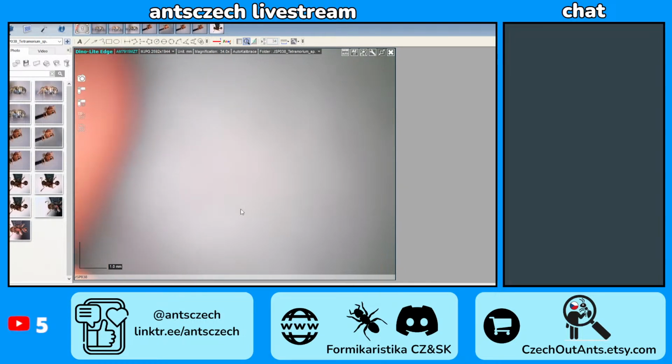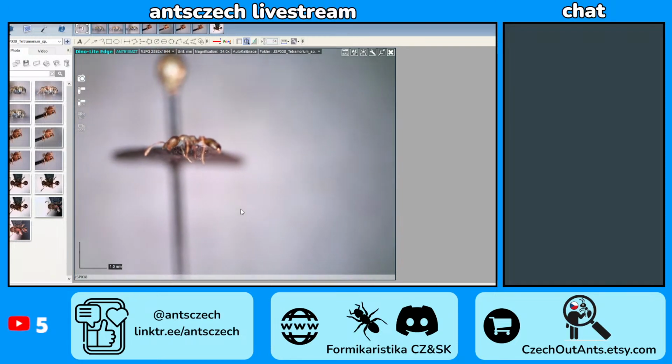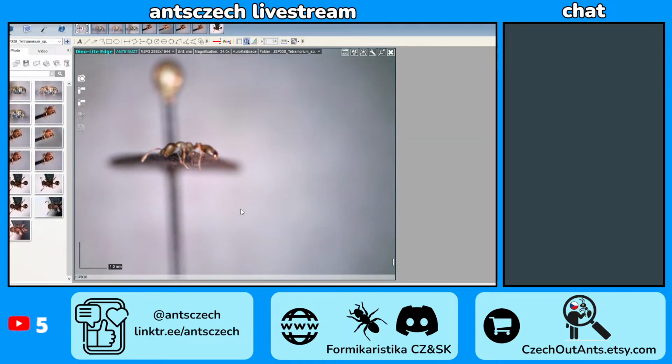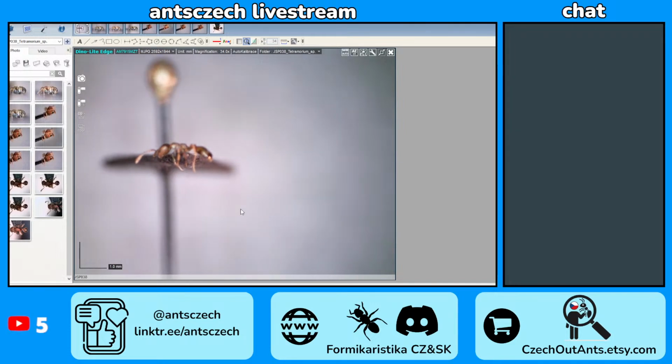It's like super small, cardiocondyle, huh? There are some similar species like that in Antwerp. And after I looked at it a bit closer, I was like, not the big postpetiole I was expecting.